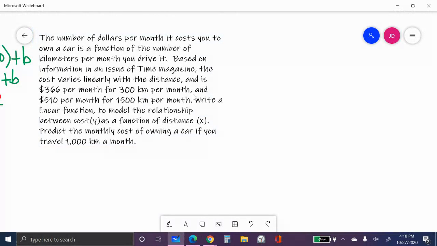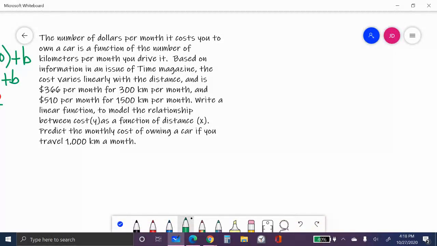And it is $366 per month for 300 kilometers per month, and $510 per month for 1,500 kilometers per month. Write a linear function that models relationship y as a function of distance x, and predict the monthly cost of owning a car if you travel 1,000 kilometers a month.